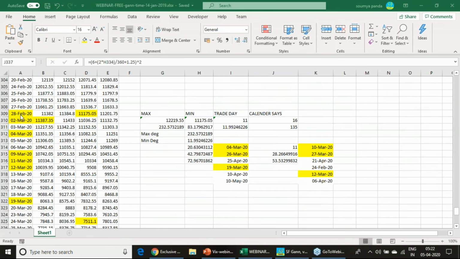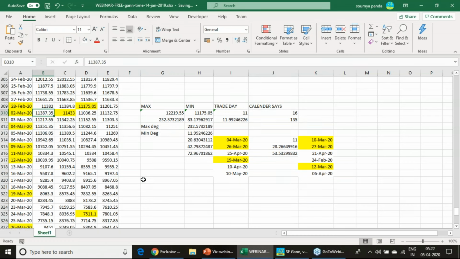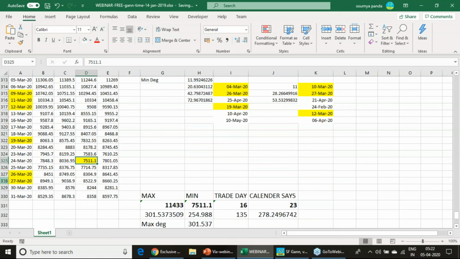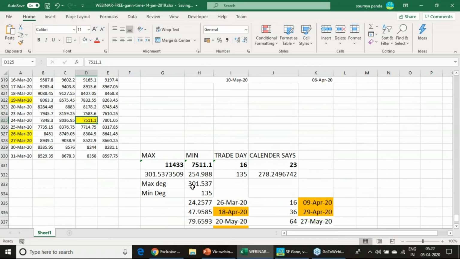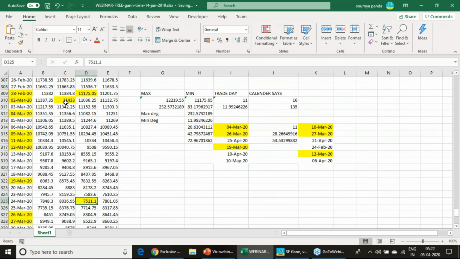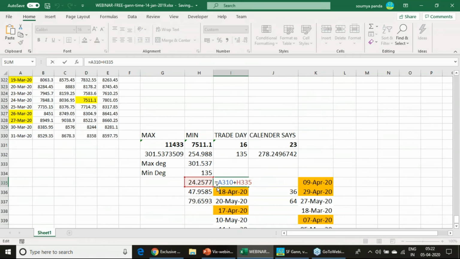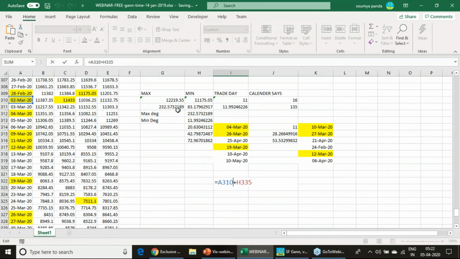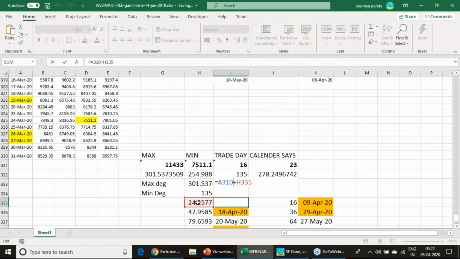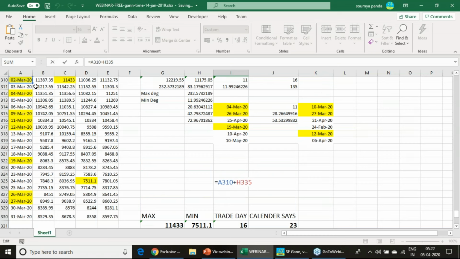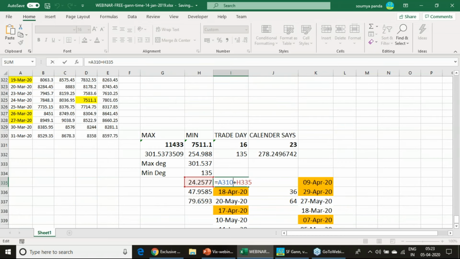This March month, on 2nd March, the high is being formed. So the highest price point is formed on the 2nd March, and in the same way, on 24th March we have formed the lowest of the month. So these two dates are very important for me. From 2nd March I am adding 24 days, and I am getting the value as 26th March.